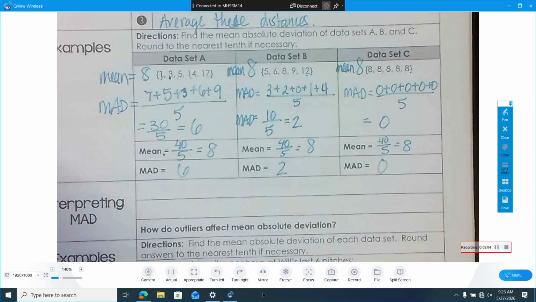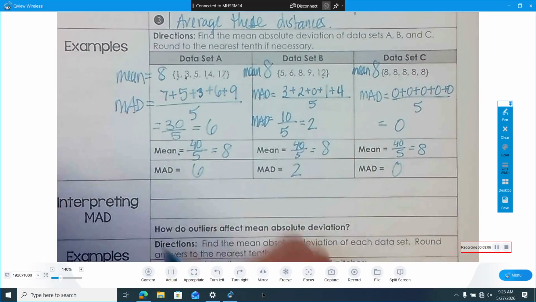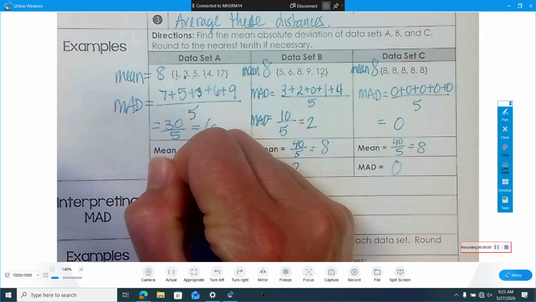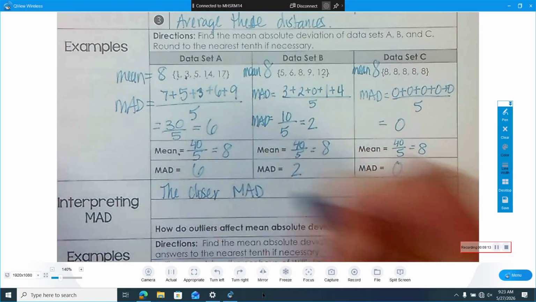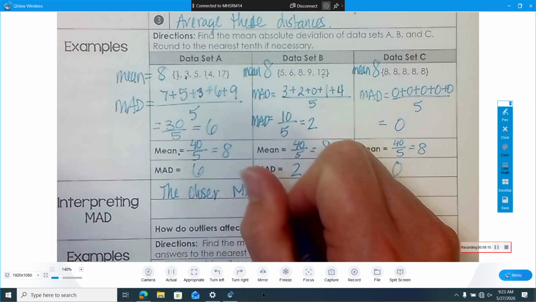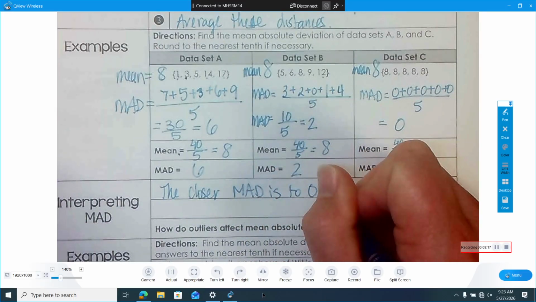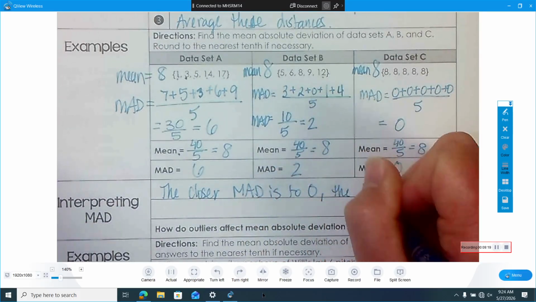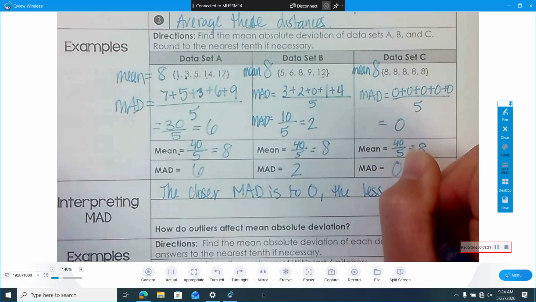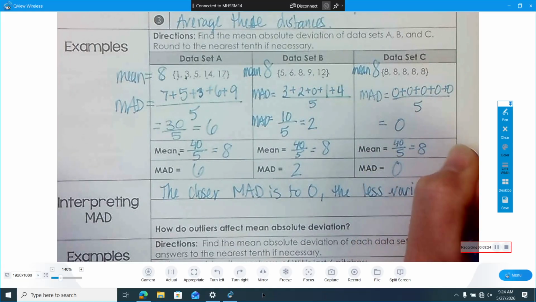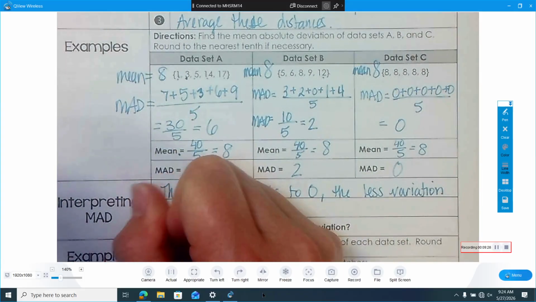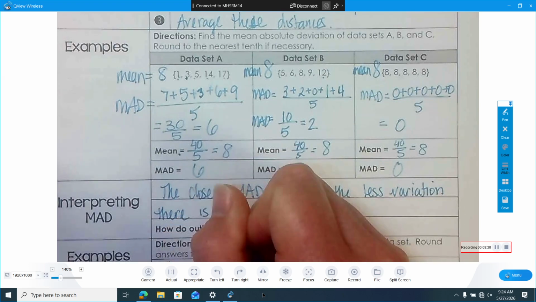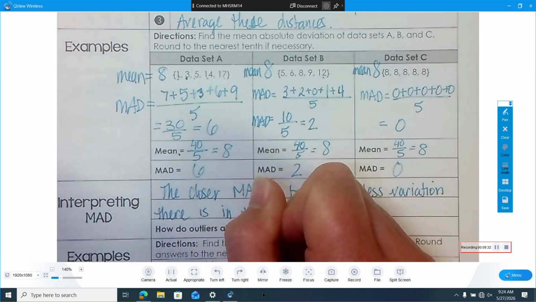All right, so interpreting the mean absolute deviation: the closer the MAD, mean absolute deviation, is to 0, the less variation there is in the data.